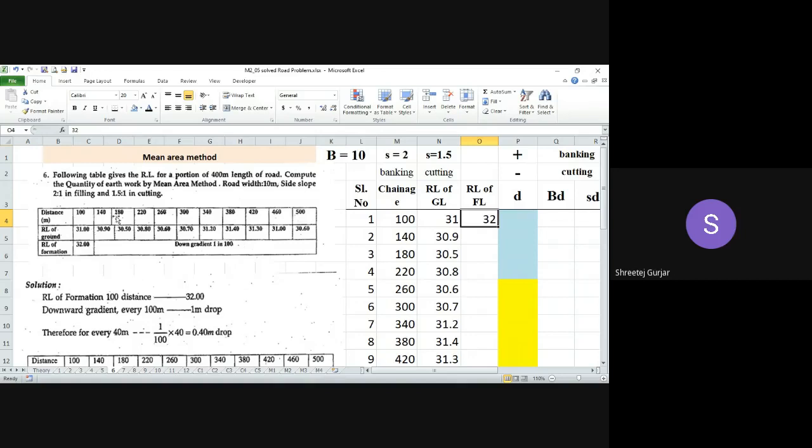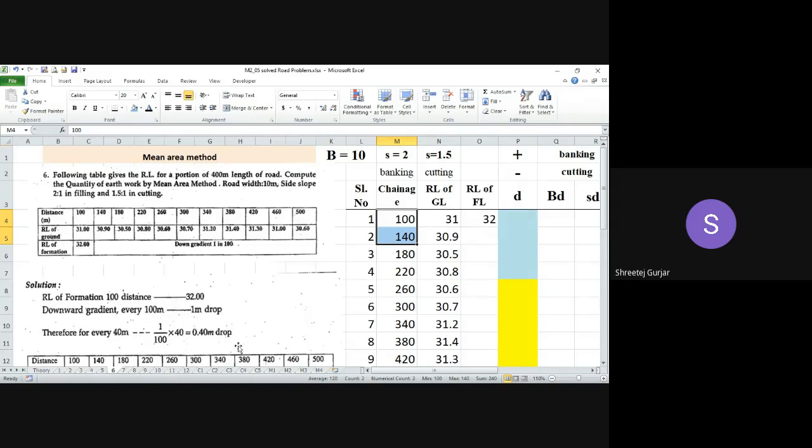So our change interval is 40 meters. You can observe the difference between each of the changes is 40 meters, right? The downward gradient is 1 in 100. So how much will it be for 40 meters? I have to use this formula. Follow my cursor. 1 by 100 is the given slope, into your change interval, that is 40 meters. So 1 by 100 into 40 is 0.4.